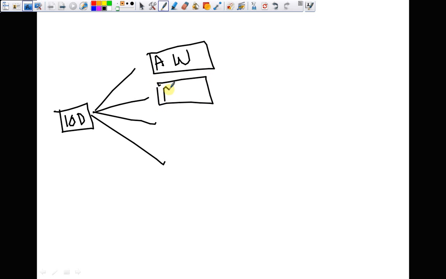This will be diet A and not work out. So we're going to have 25 subjects in each group. This will be B and work out. This will be B and not working out. Again, we have 25 subjects in each group.